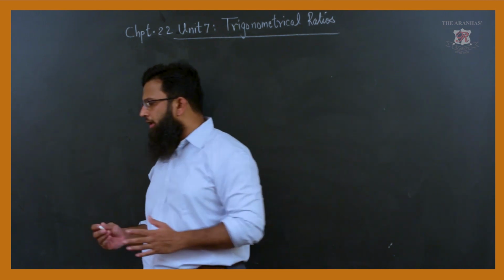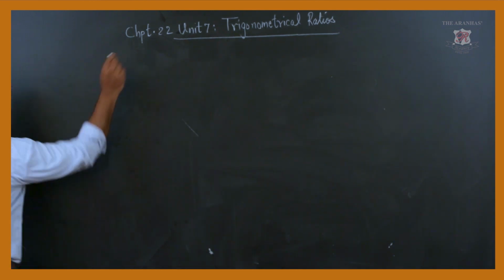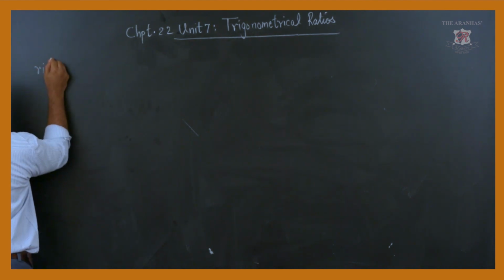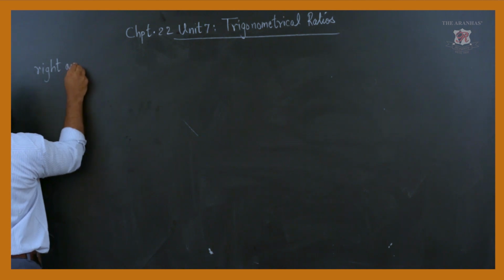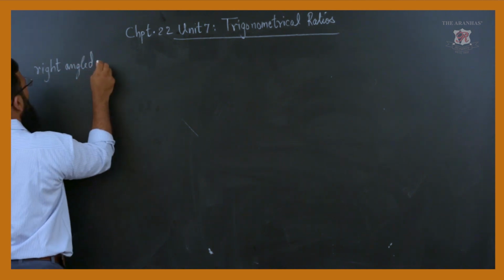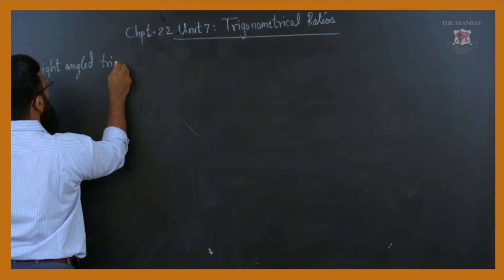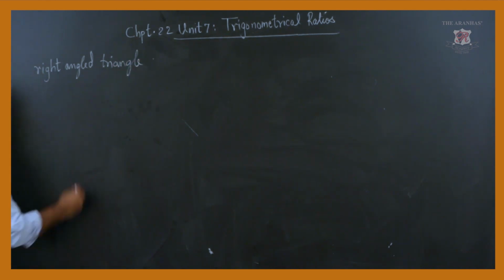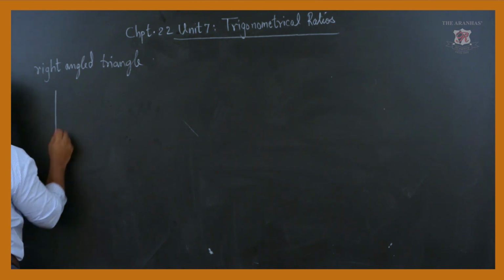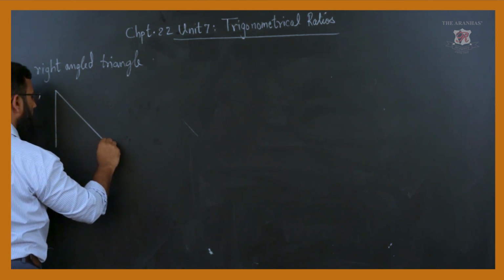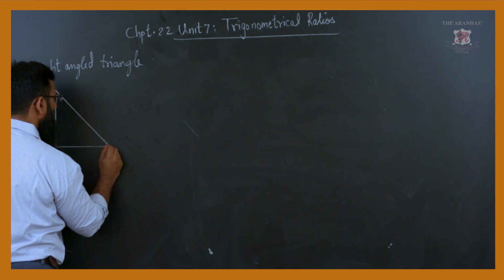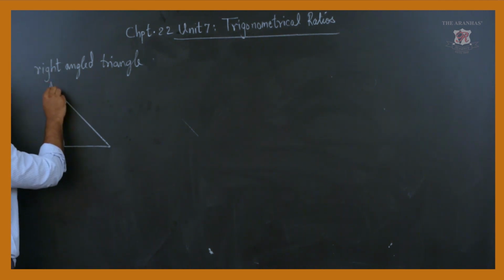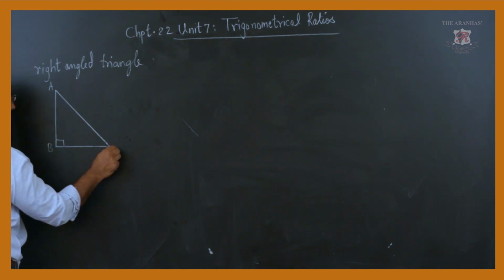So, the basic introductory part is to study trigonometry. A right angle triangle is required. For example, suppose I have a right angle triangle ABC.